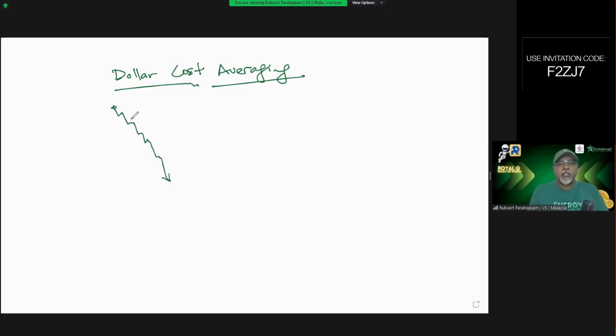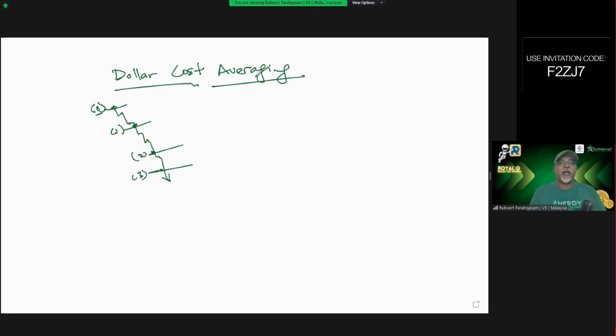We buy at certain intervals. First buy, we buy again, we buy again, we buy again. This is buy number 0. This is buy number 1. This is the initial buy. First time we buy, second time we buy, third time we buy, and so on and so forth. So there is a method that we buy.